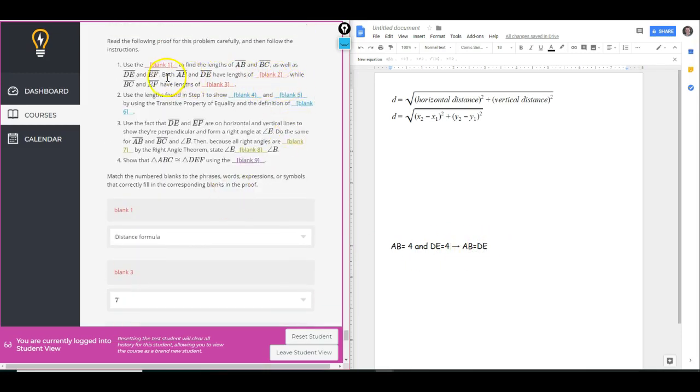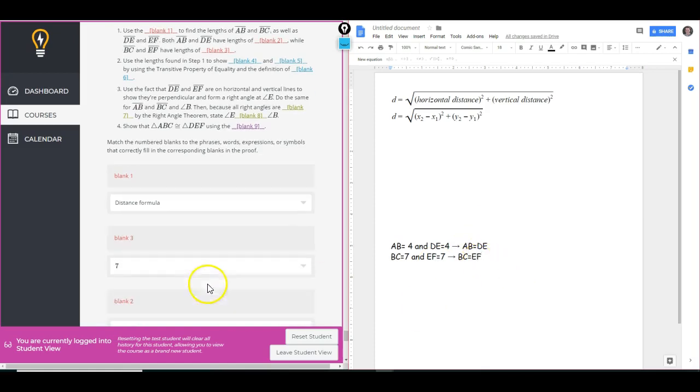And also, since we proved that BC is equal to 7 and EF is also equal to 7, the transitive property means that since they're both equal to 7, I could just write BC is equal to the distance of EF. Therefore, their segments would be congruent.